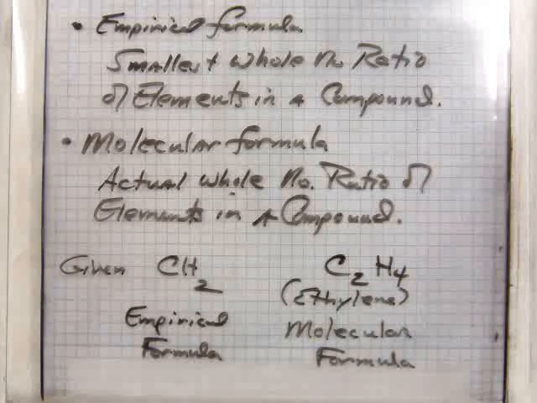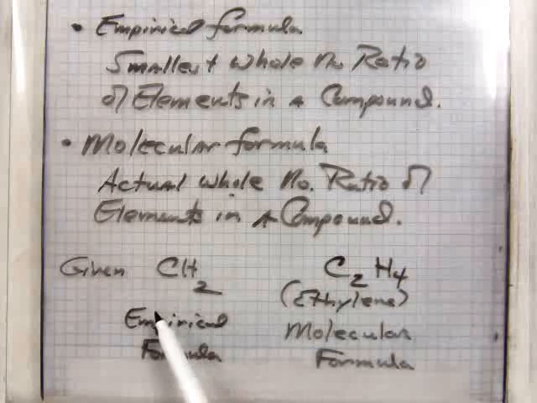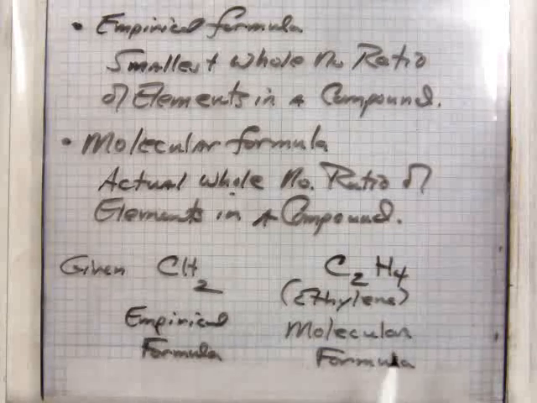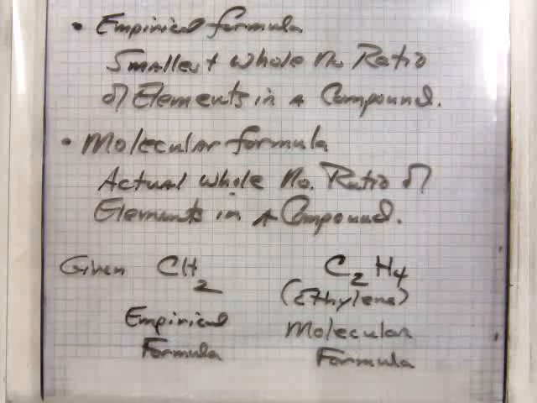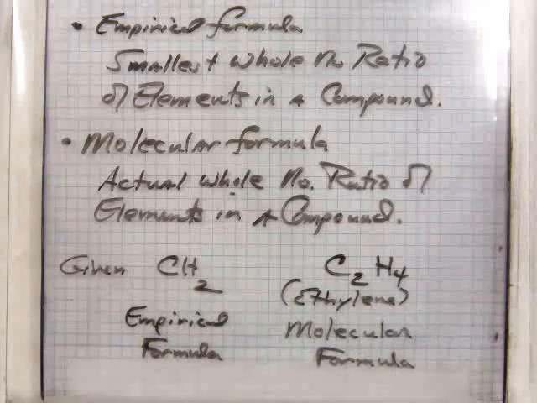Now we'll learn how to take percent compositions of elements in a compound and determine the empirical formula and molecular formula. There's a little procedure that I teach students when we get into calculations in chapter 4, so we'll save that part till we get there.